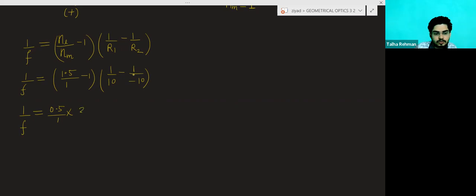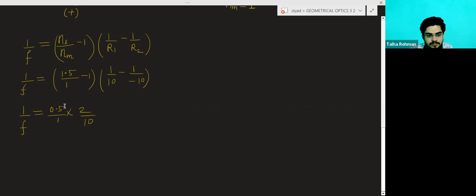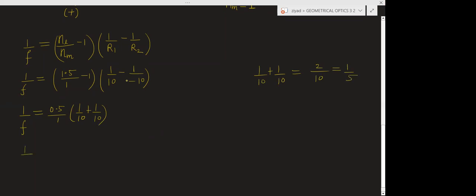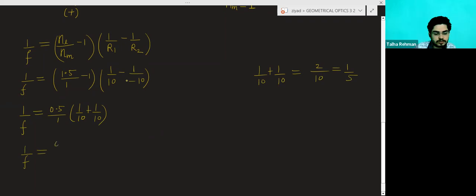What is 1 by 10 plus 1 by 10? The LCM is 10, and 1 and 1 make 2, so it will be 2 by 10, which is 1 by 5. So 1 by f is equal to 0.5 multiplied by 1 by 5.